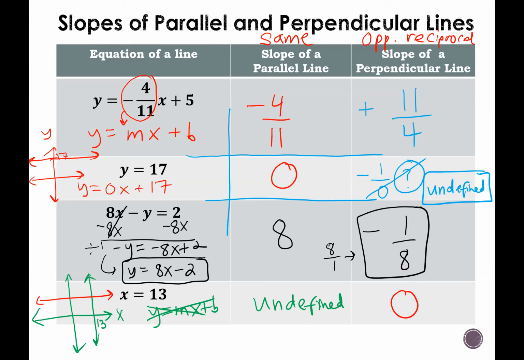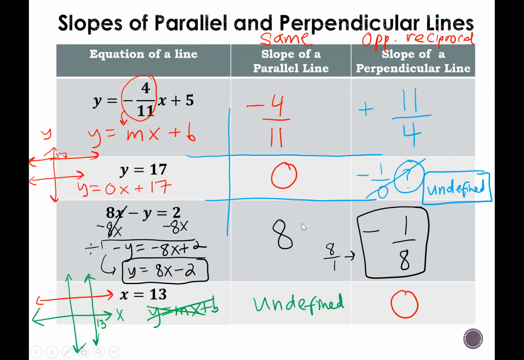So our last example that we just did, the equation was x equals 13. That represents a vertical line going through the x-axis. Vertical lines have undefined slope. So a parallel line would also be vertical, and that slope would also be undefined. A perpendicular line would be horizontal, and then that slope would be 0.